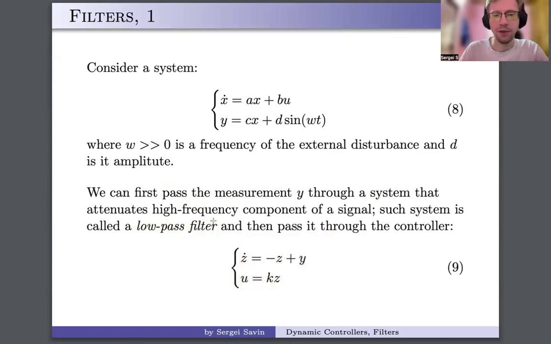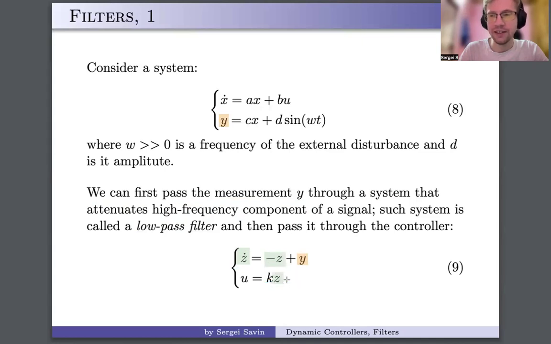Let me elaborate what we do here. This system on the top receives input y from here, right? It affects z dot in this manner.